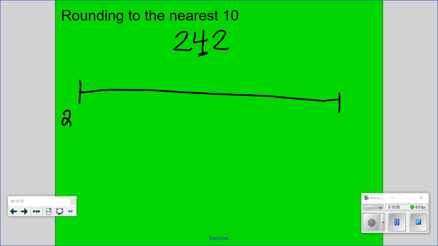Go ahead and write that. Remember, we are rounding to the nearest 10, which means my number line is 10 numbers long. So what's going to be my end point? Eliana? 250. Very good.